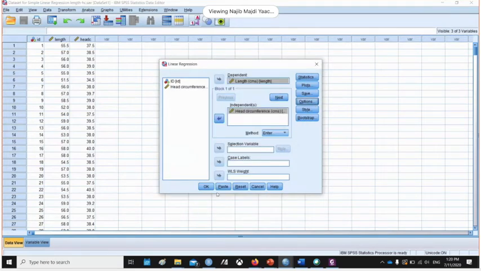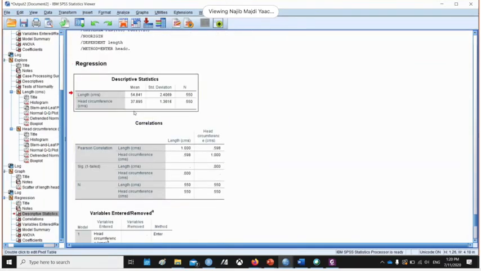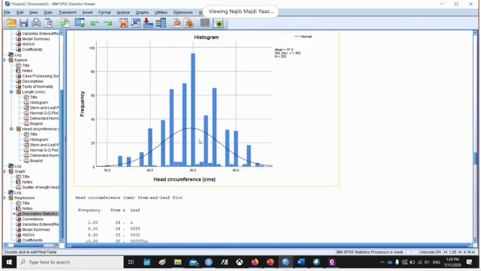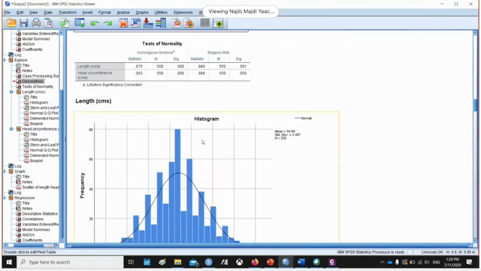Then just click OK. This is the descriptive statistics for length and head circumference, the mean and the standard deviation. The information from this table can be obtained from the descriptive table just now. Same thing.